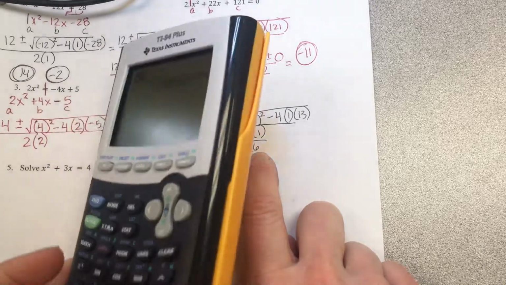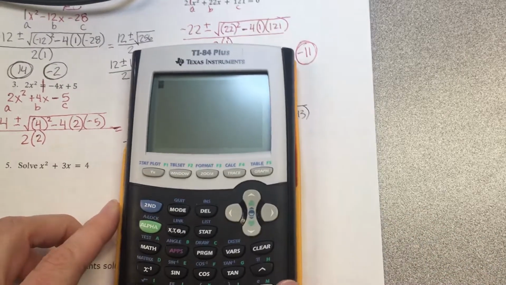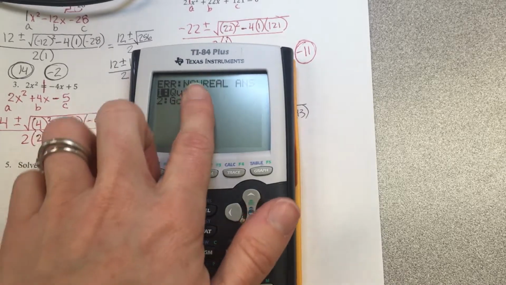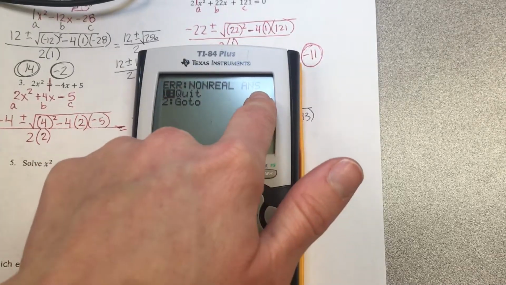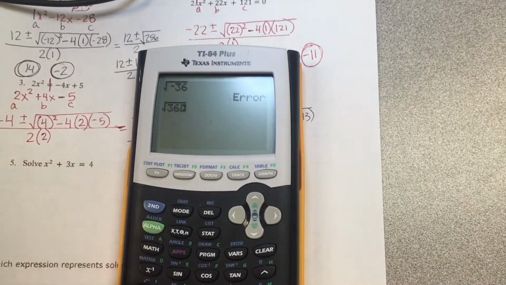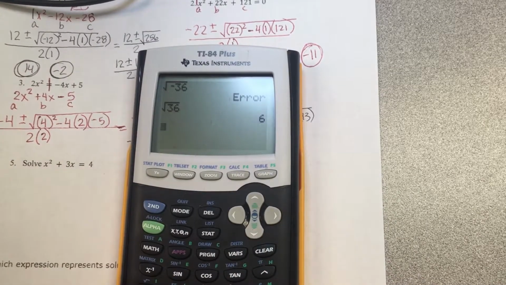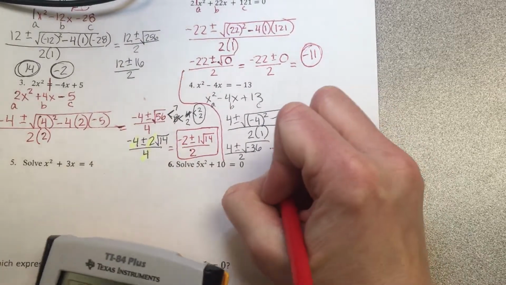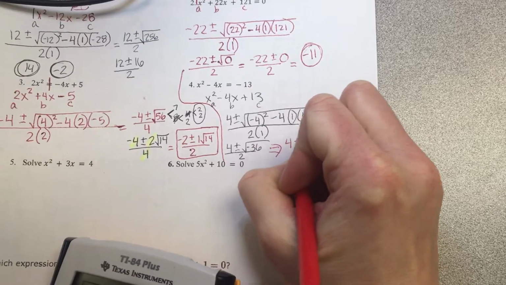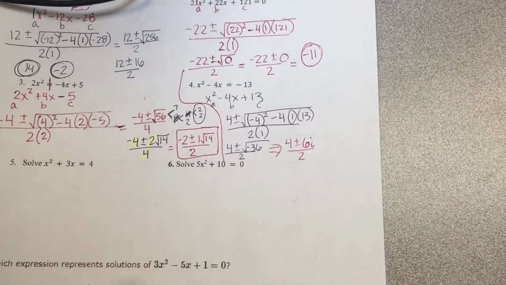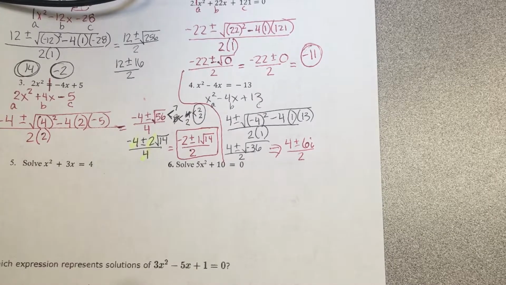So you can check 36, but guys, don't type in negative 36, because if you type in negative 36, it says a non-real answer, because it is imaginary, okay? So just type in square root of 36, and you get 6, okay? But we have to put a what with it? i, okay? All right, so it's going to be 4 plus or minus 6i over 2. 4 plus or minus 6i.